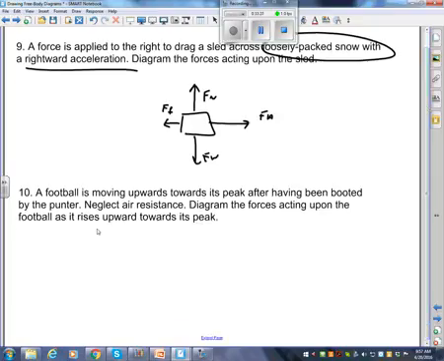A football is moving upwards towards its peak after having been booted by the punter. Neglect air resistance. Diagram the forces acting upon the football as it rises upward towards its peak. Okay, well, football's played on Earth. Good. Anything else? Like that, Bailey?